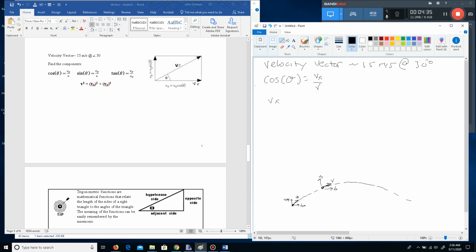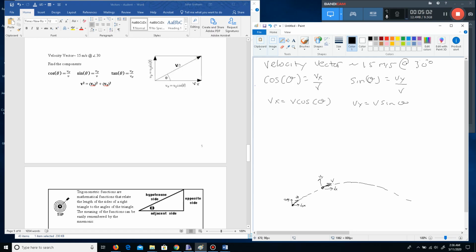And so Vx is V cosine theta. Sine theta is going to be Vy over V. Why? Because sine theta is opposite, Vy, over your hypotenuse. So Vy equals V sine theta.